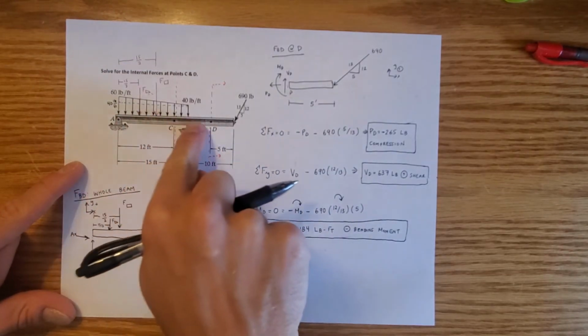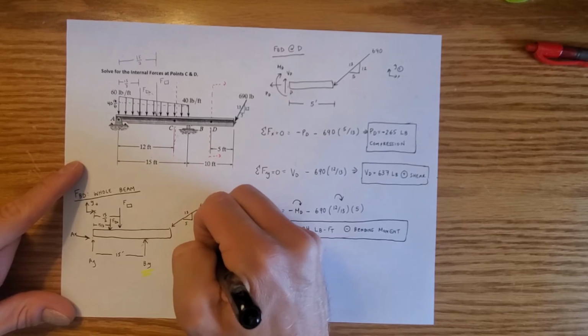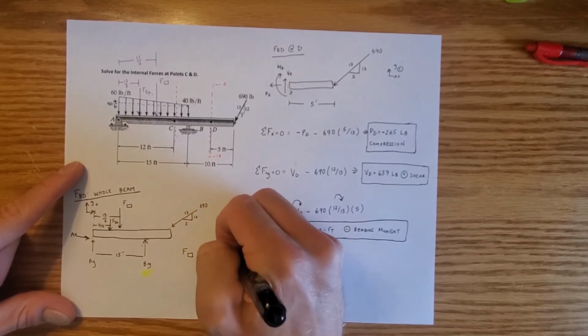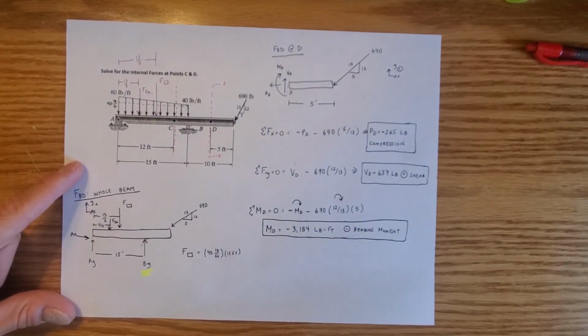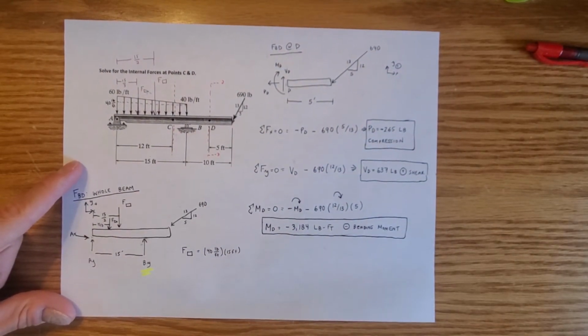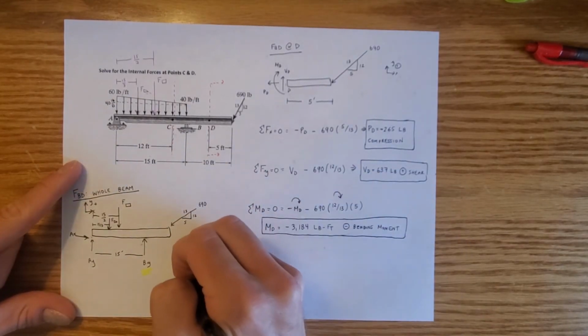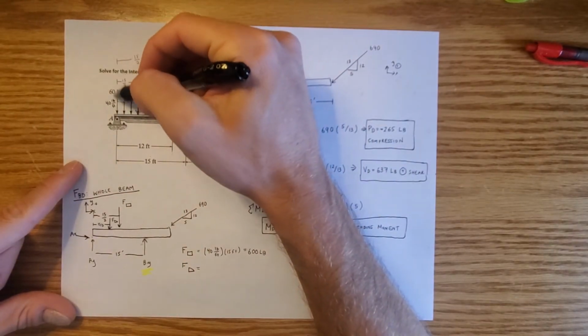That is 40 pounds per foot times 15 feet, and we get that F of the rectangle is equal to 600 pounds. And F of the triangle is going to be, well, 60 minus 40 is 20.